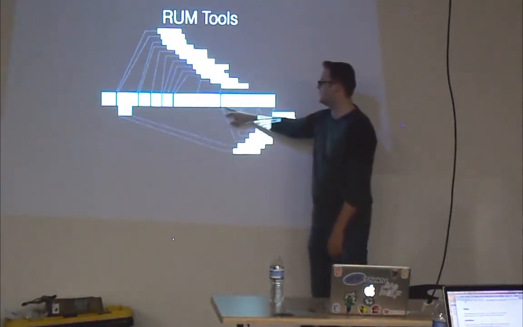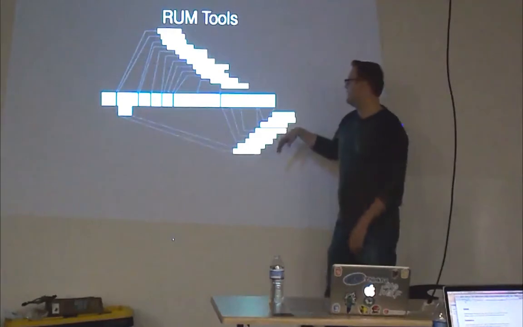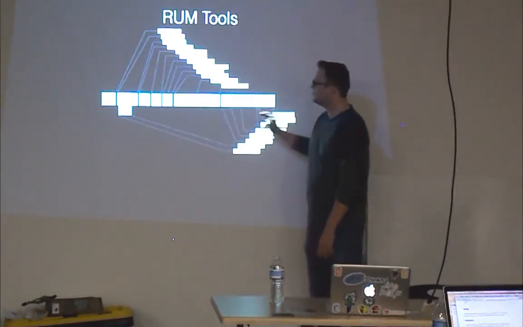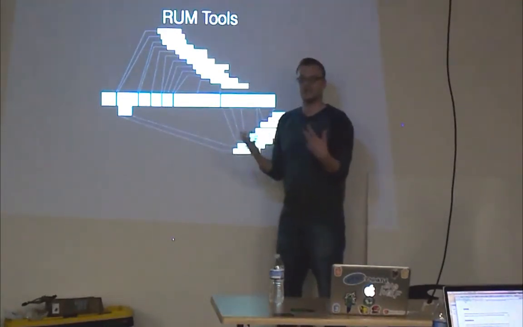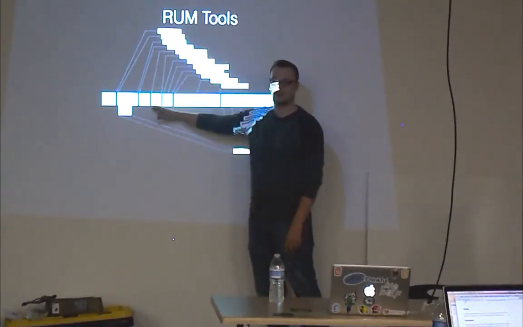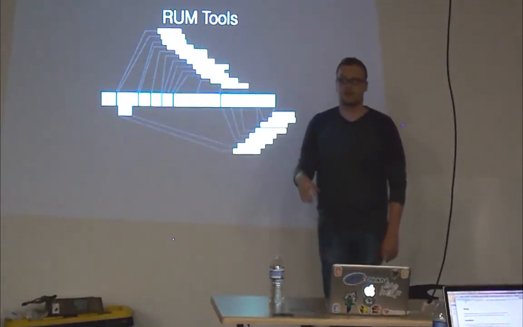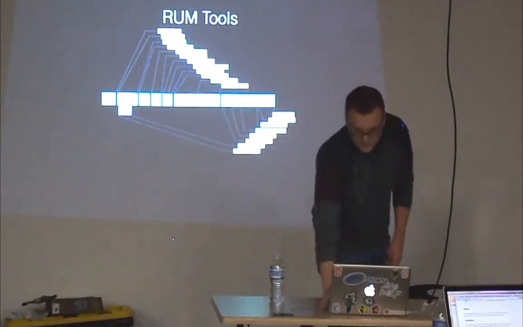This is how long it takes the DOM, the HTML, and everything to load, and then when the browser says, okay, I'm done. That's your front end there. Usually there's an 80-20 rule: you want your back end to be about 20% of the page load time and your front end to be 80%.